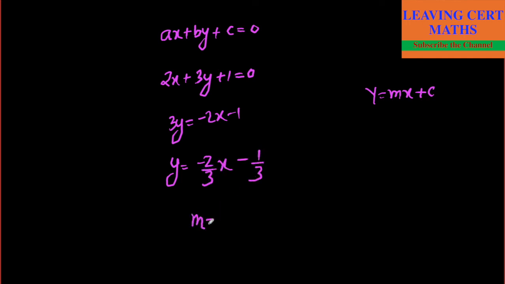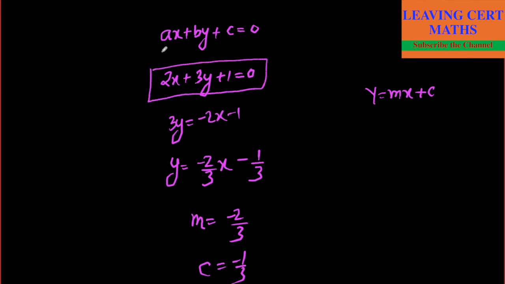So the slope is minus 2 over 3, and the value of c is minus 1 over 3. So this is the way you can fetch out the slope from the general form of the straight line.